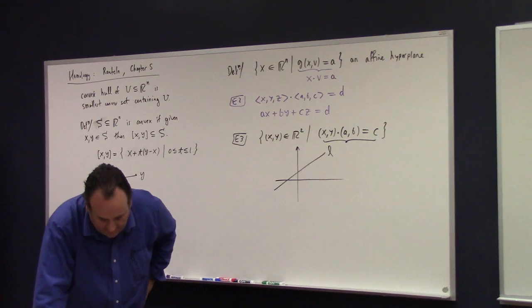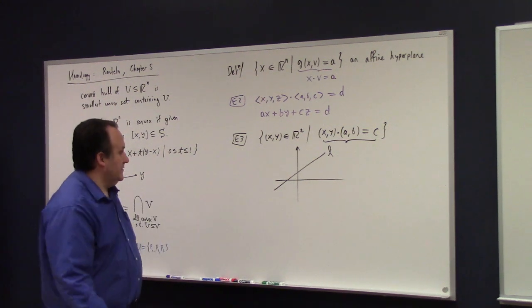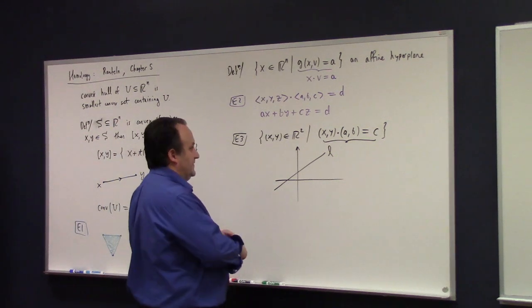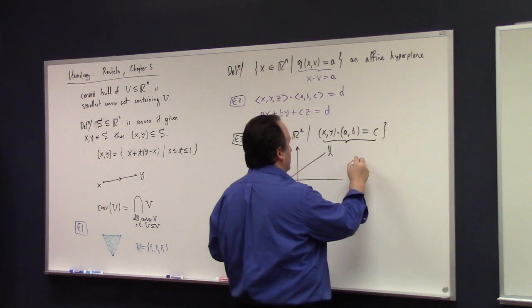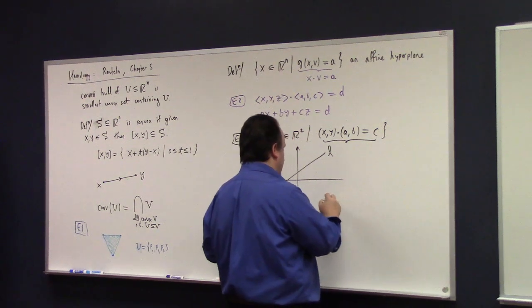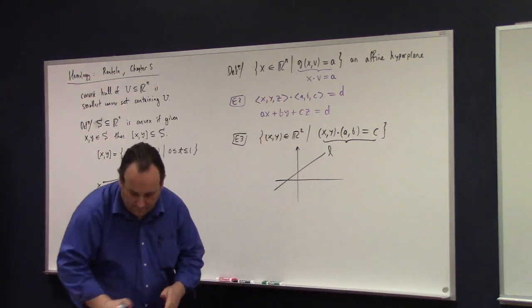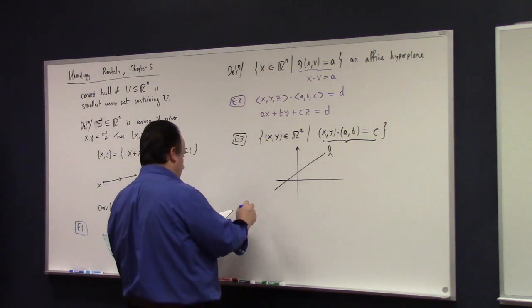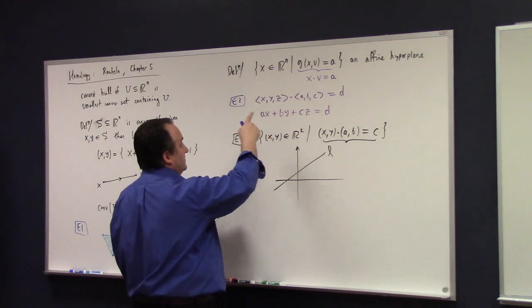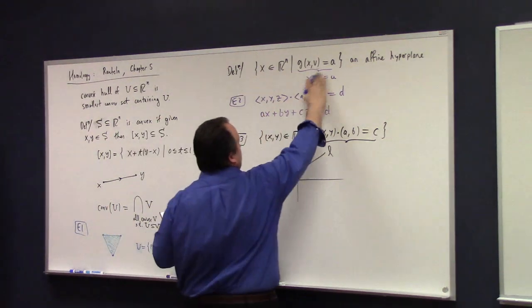Anyway, the point is that it determines 2 closed half spaces. And those 2 closed half spaces, I'll do it up here in the general case.